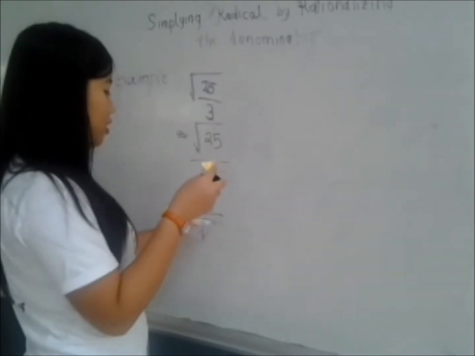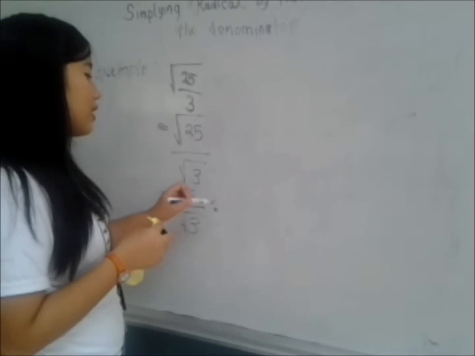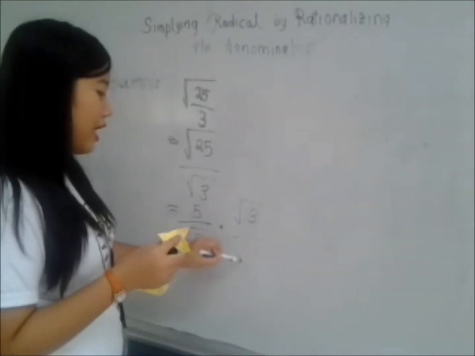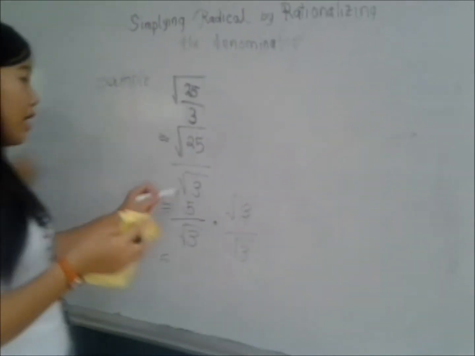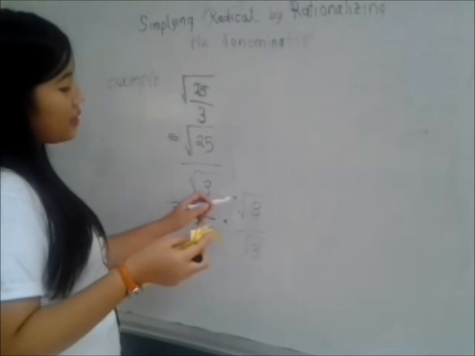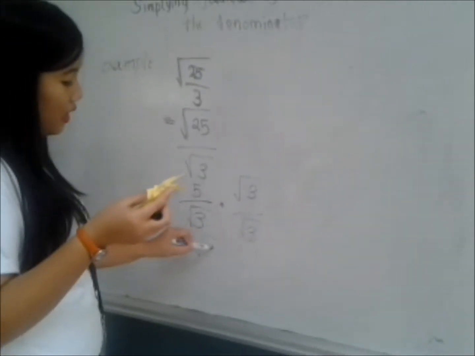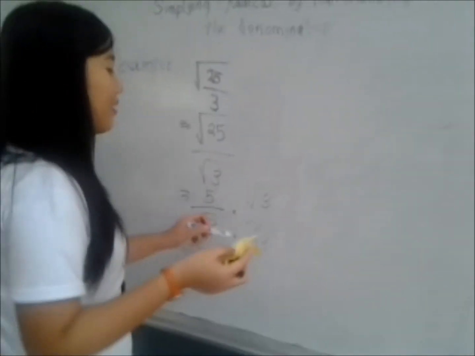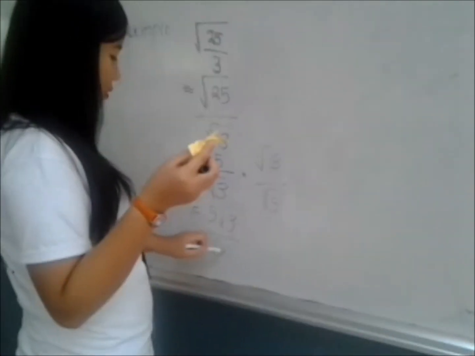Times, ito mo siya sa sarili niya, sa numerator, tsaka sa denominator. Tapos ito yung magiging sagot. 5 times square root of 3 equals 5 square root of 3. Tapos ito, square root of 3 times square root of 3 equals square root of 9.